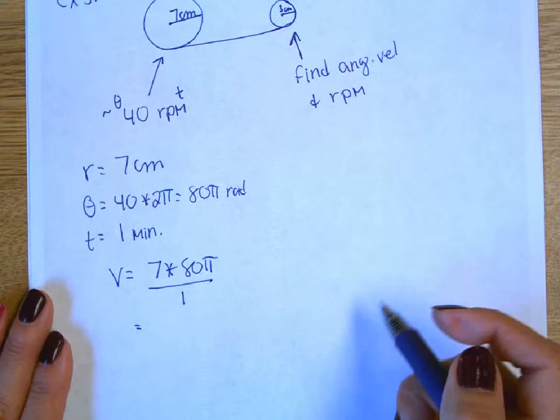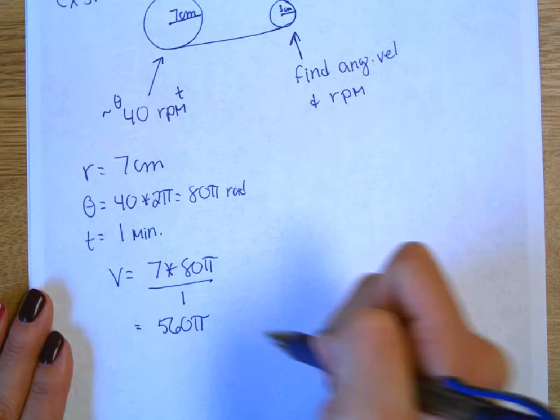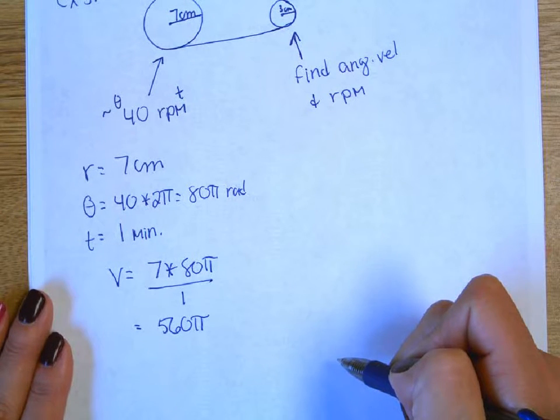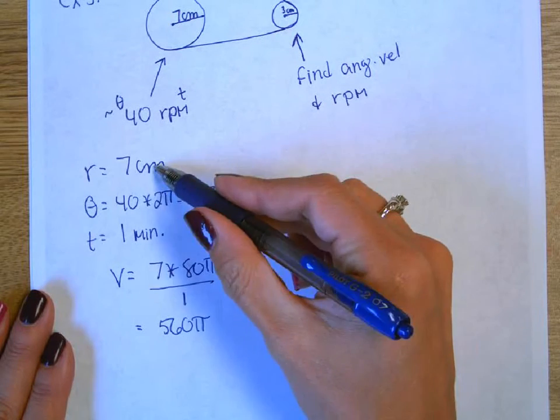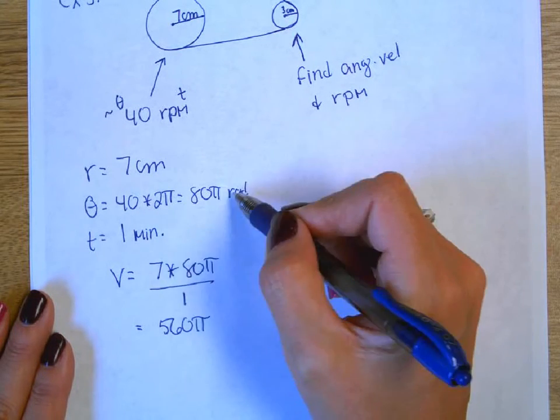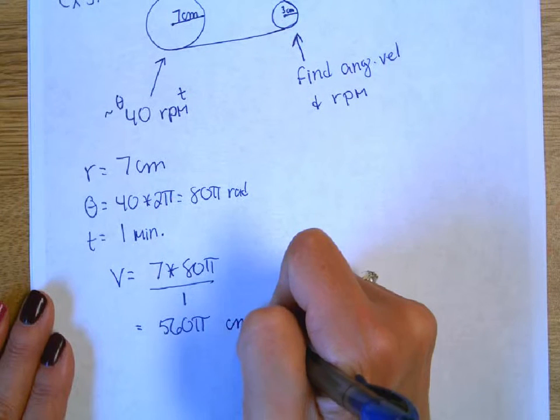We don't really need to divide by time. 7 times 80 is 560 pi. What would the units be there? Centimeters per minute. Yep, it's a distance and time. So once you've got this listed out with your labels, definitely put labels down. It's centimeters in minutes, so centimeters per minute.